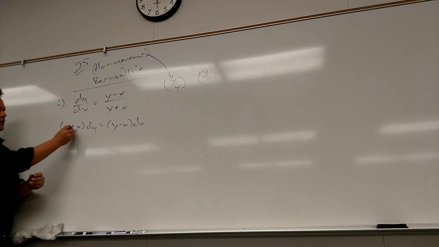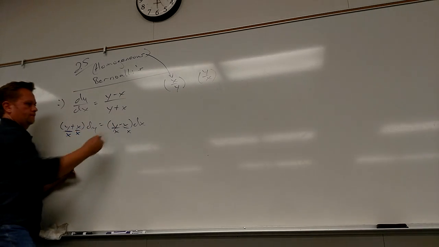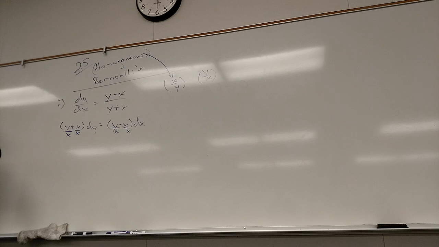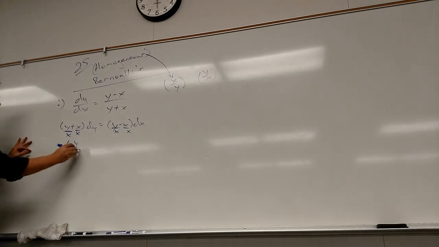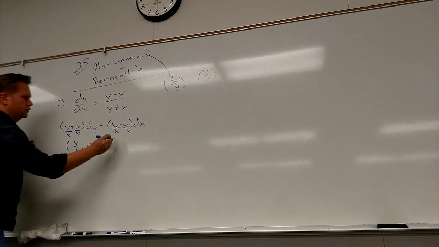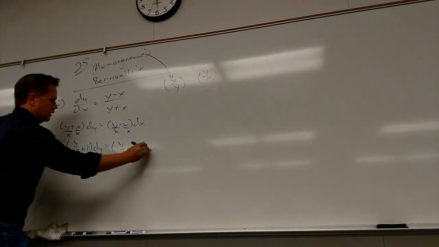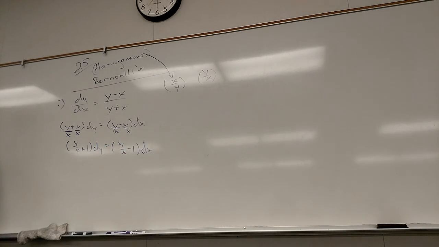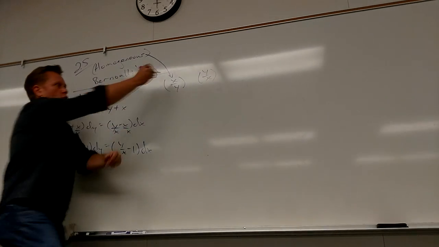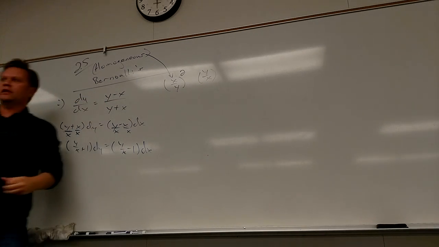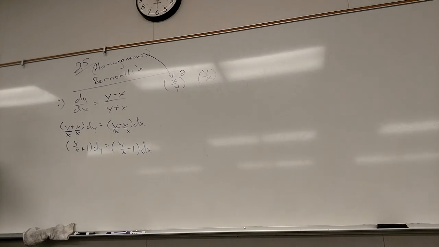So if I divide everything by x, I get y over x plus 1 dy equals y over x minus 1 dx. That's amazing. Now the idea behind this: if you can rewrite the DE so that the only variable parts are some ratio, that could be squared, cubed, sine of it, square root of it, natural log of it, but it's got to be that ratio.